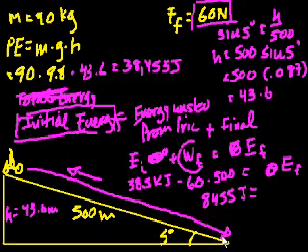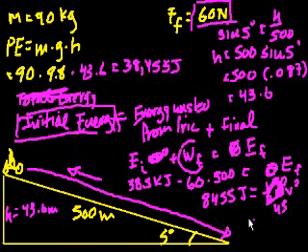And what is all the final energy? Well, by this time, the rider's gotten back to, I guess we could call this sea level. So all of the energy is now going to be kinetic energy. And what's the formula for kinetic energy? It's 1/2 mv squared. And we know what m is. The mass of the rider is 90. So if we divide both sides, the 1/2 times 90 is 45.